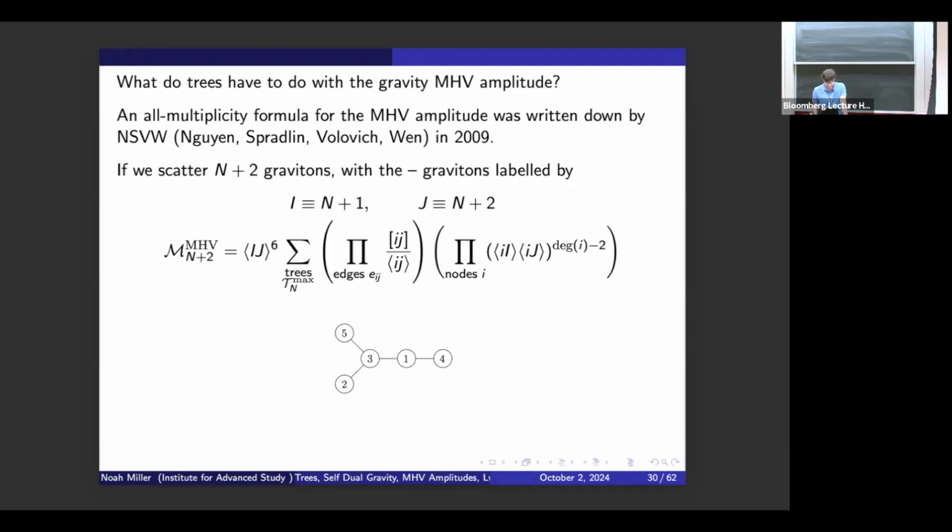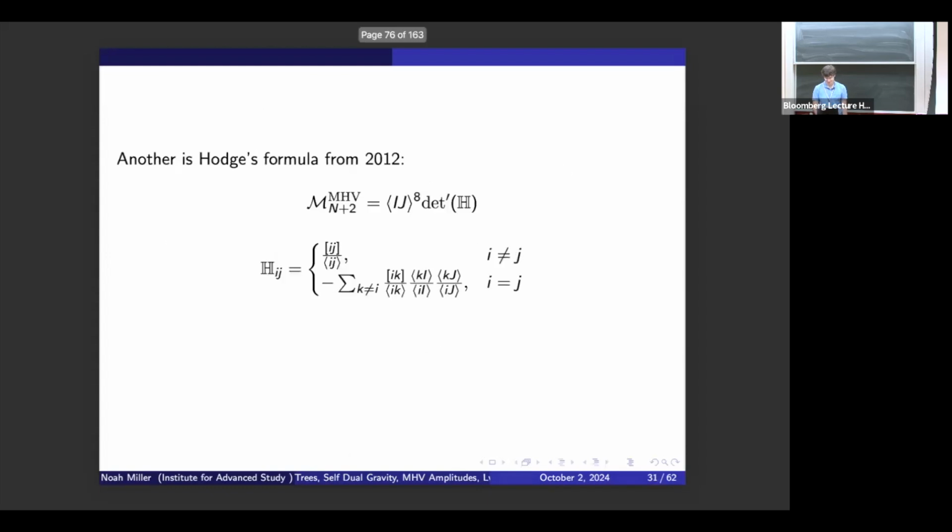The MHV formula can be written as a sum over trees just of the positive helicity gravitons. So just the positive helicity gravitons get a tree, and then you sum over all the trees with n elements and take this particular combination, and that's the MHV amplitude. And in our formalism, in our particular parameterization, we can take ij to be zij and this bracket to be this combination.